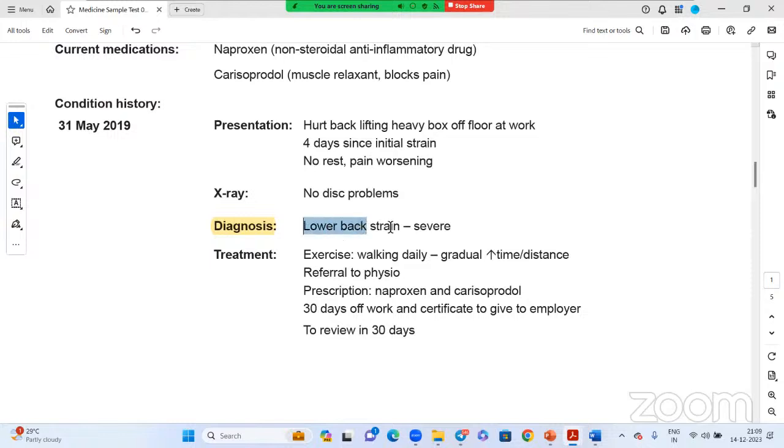And diagnosis, severe lower back strain.